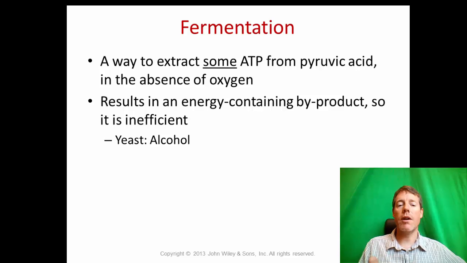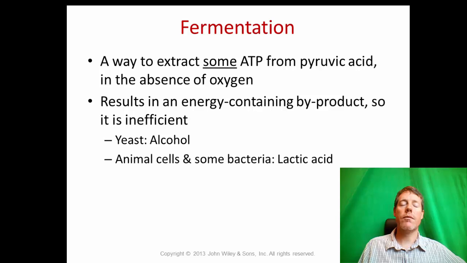They also produce carbon dioxide, and as we talked about previously, alcohol and carbon dioxide are key byproducts that we use in food production and beverage production. In animal cells and in some bacteria, another byproduct of fermentation is lactic acid.